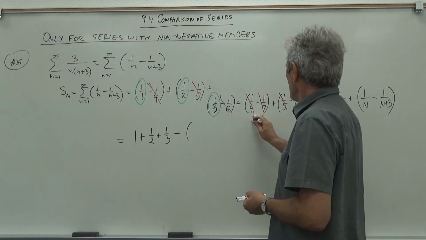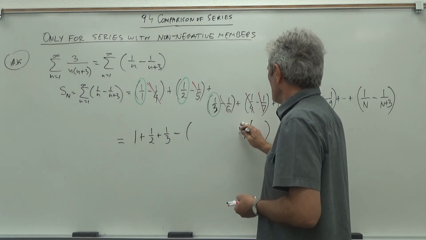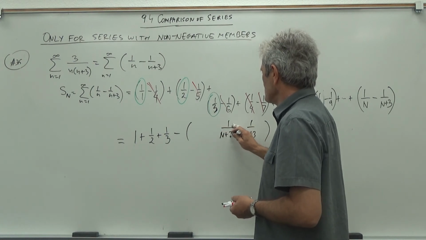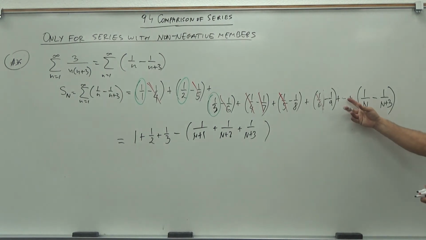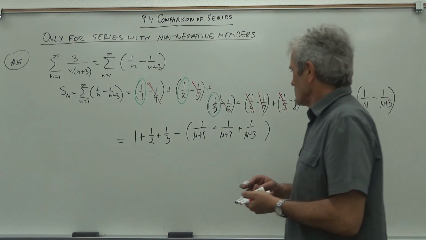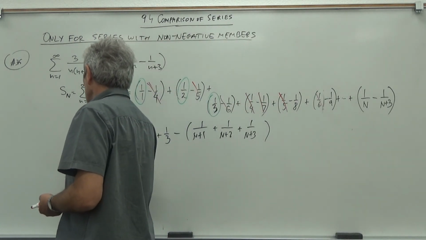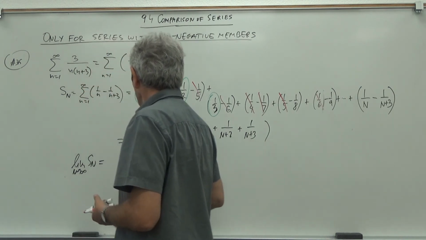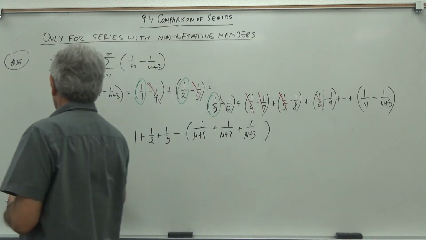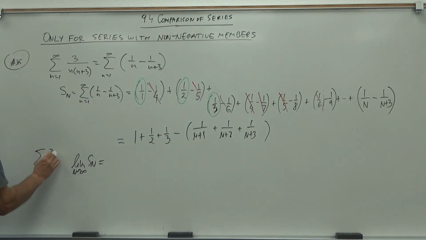They are 1 over n plus 3, plus 1 over n plus 2, and plus 1 over n plus 1. Because negative 1 over n plus 1 would be canceled with positive 1 over n plus 1, but that's not there, and that's it. So the same way as before. So here is the expression. Now when we take the limit of Sn as n goes to infinity, because that's what this infinite sum means.